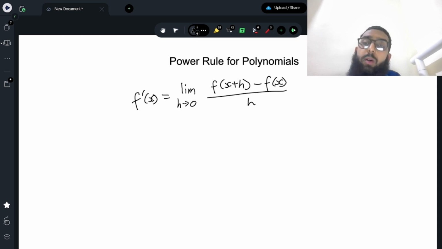So first of all, what is a polynomial? A polynomial is any sort of expression that is the sum of x to the power of a constant.